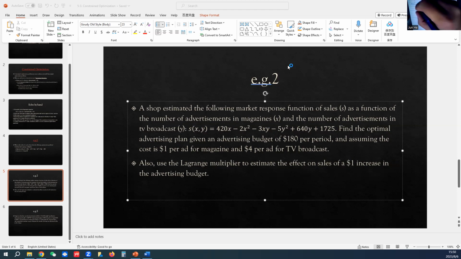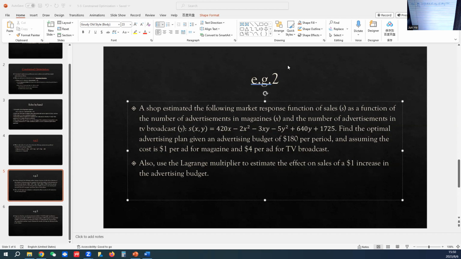And as a shop, you're using advertisement in TV broadcast and magazine to do what? To promote, meaning you want to maximize your sales by choosing X and Y. Okay, so then let's look at the conditions.